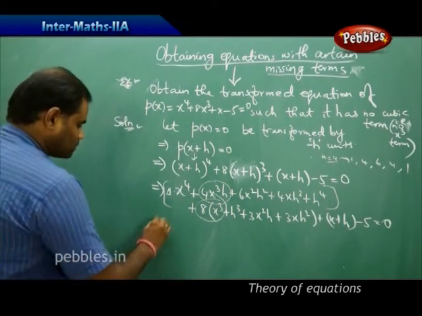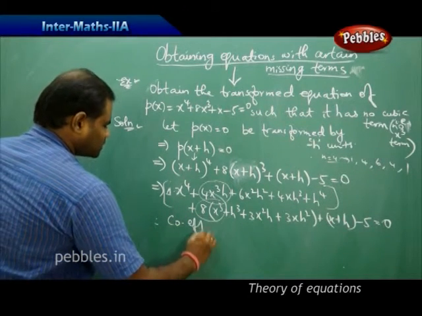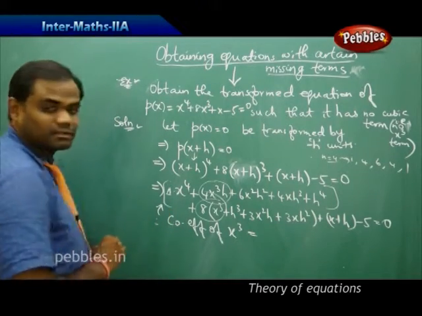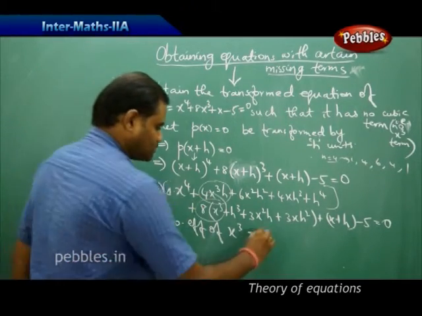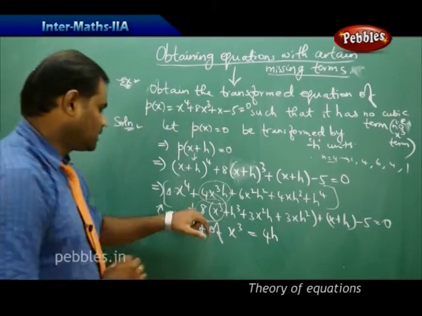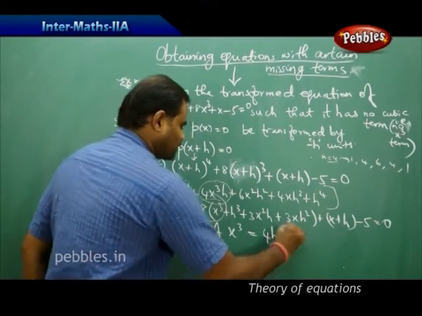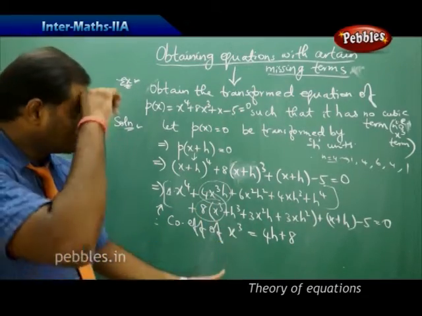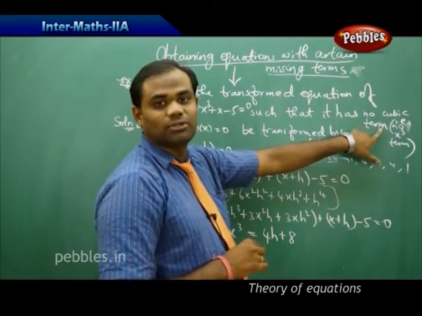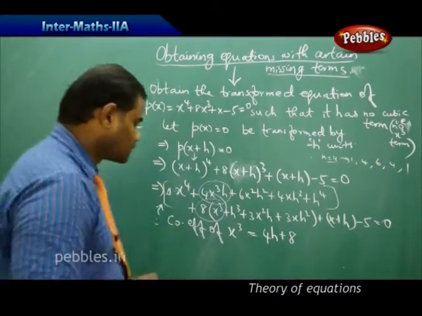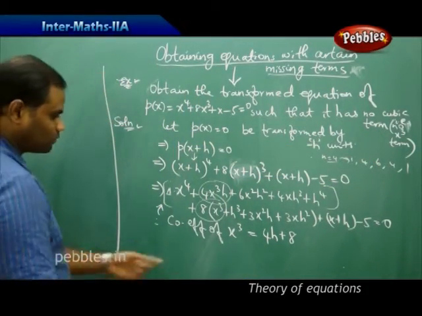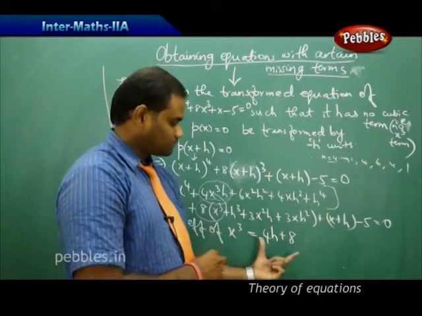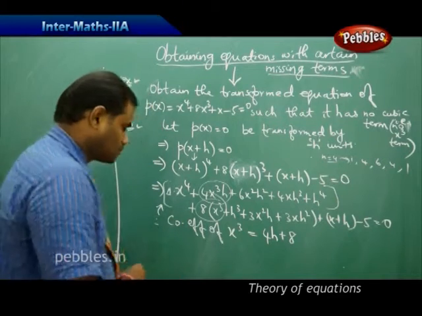So the coefficient of x cubed in the above equation is nothing but 4h plus 8, because if I take x cubed common, I get 4h plus 8 as the coefficient of x cubed, which I don't want in my new equation. So no cubic term implies this must be equal to 0.